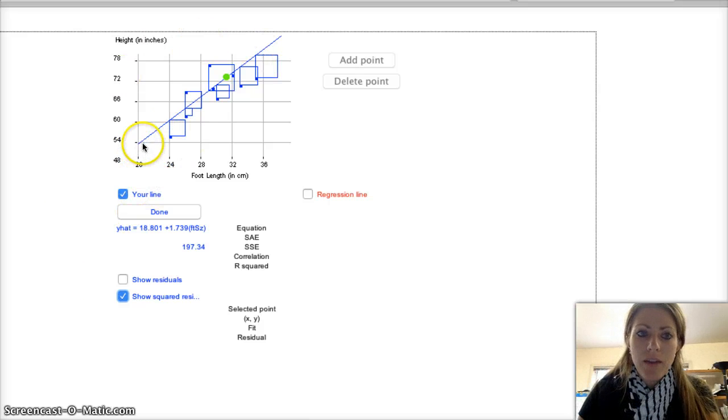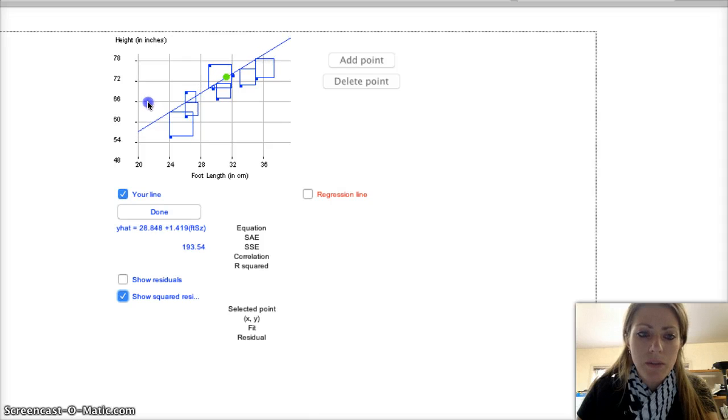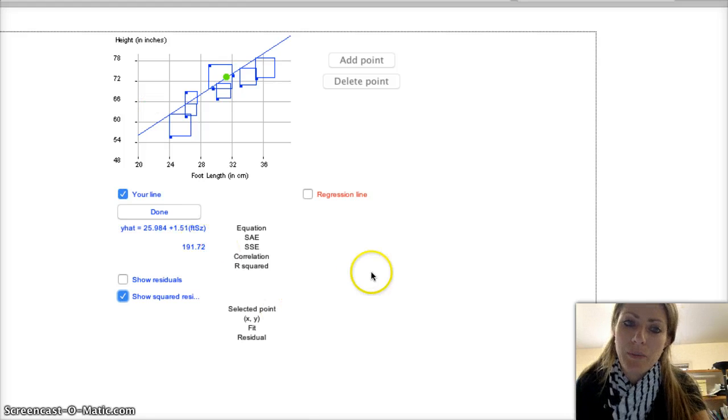So if I move my line, I want to try to make this smaller. So if I move it around a little bit, okay, 199, it's going up. See, those boxes are getting bigger. And so I want to continue to try to make it as small as possible. So I think probably the smallest I can get right now is like around 191.